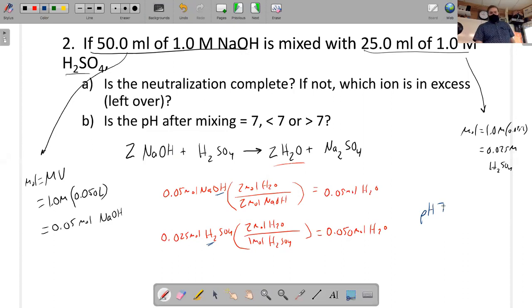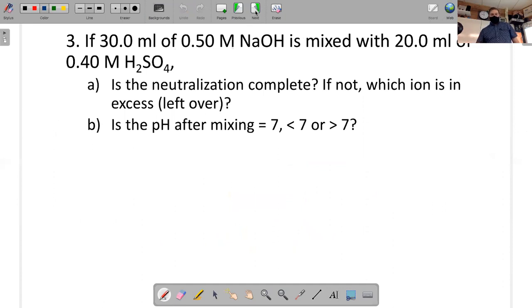So a lot of times the quantities of reactants aren't nice and even numbers. The concentrations aren't always the same. The ratios of the volumes aren't the same as the ratios in the equation. You could have all kinds of different issues. So this third one, I've got 30 milliliters of 0.5 molar sodium hydroxide and 20 milliliters of 0.4 molar sulfuric acid.